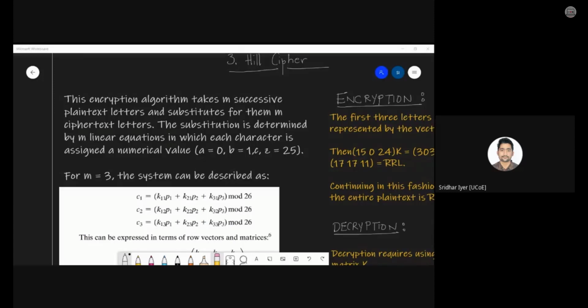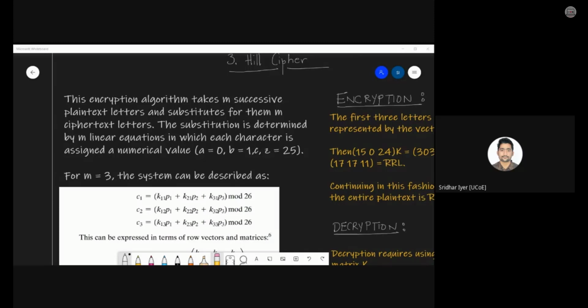Simple, clear till now. What happens is the substitution is determined by M linear equations. Now, if you see over here, these particular equations, C1, C2, C3. Our main objective is to find out C1, C2, C3. For example, if the length of the plaintext is 3, for example, the plaintext is cat, bat, hat, whatever it is, then M is 3.